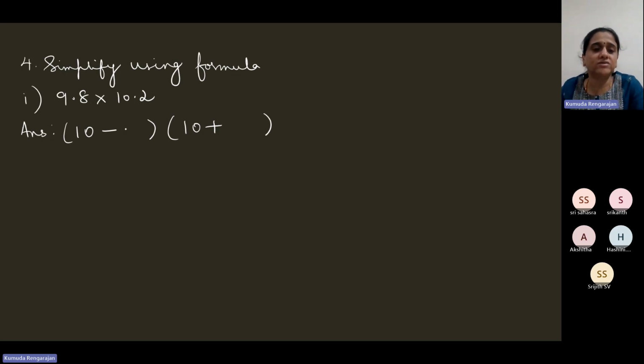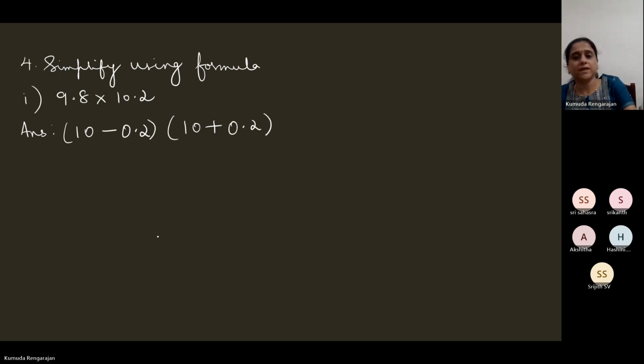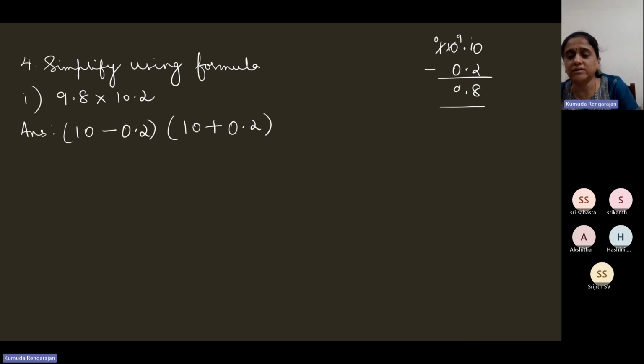So 10 minus 0.2 is 9.8 and 10 plus 0.2 is 10.2. 9.8 is 10 minus 0.2. 10.2 is 10 plus 0.2. So this is the form a minus b into a plus b.